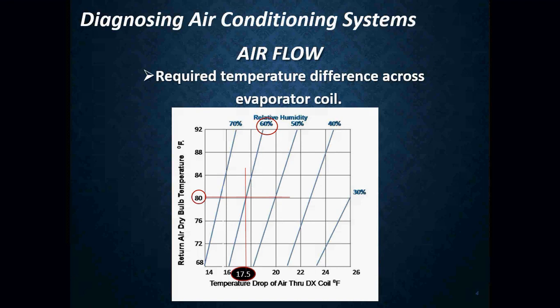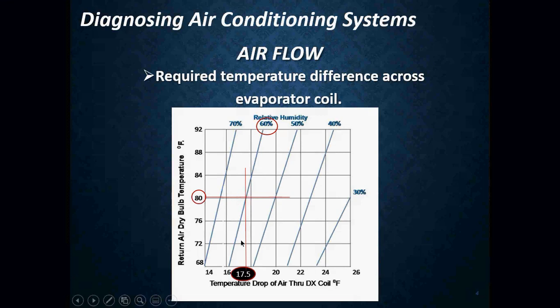So we use those two readings, and we find out where those two lines intersect. We can see right here that our 60% relative humidity and our 80 degrees cross right there.